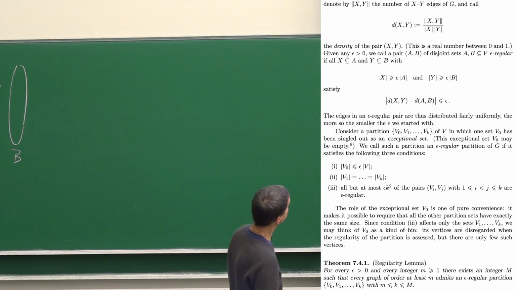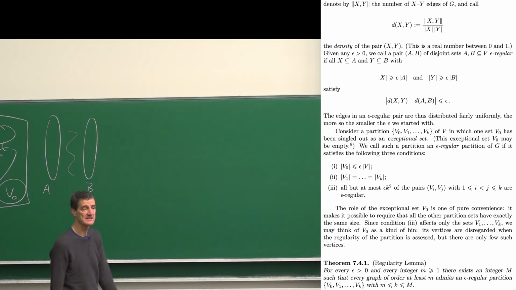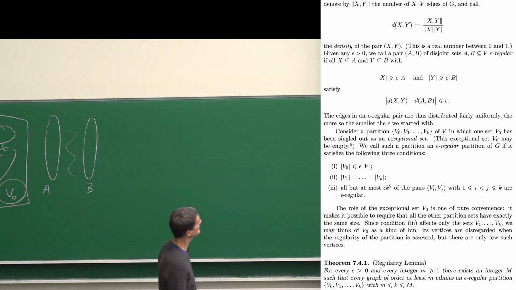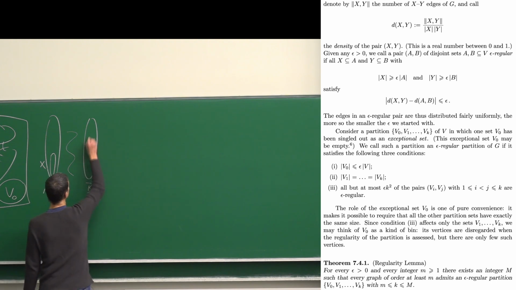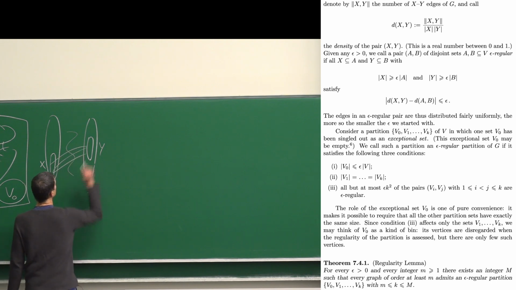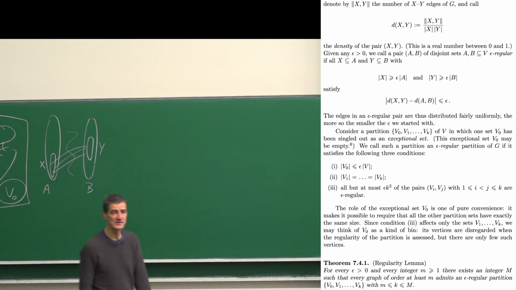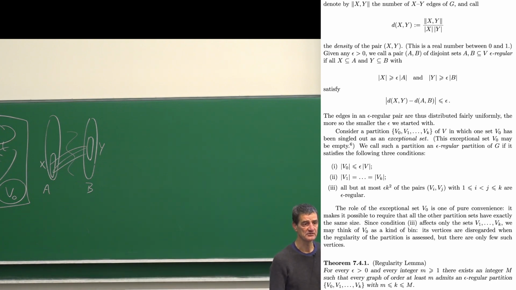And given any positive epsilon, we call such a pair of vertex sets in a given graph epsilon regular if for all subsets X of A and Y of B that are not too small, you have the same density between the subsets as you do between A and B in total, right?